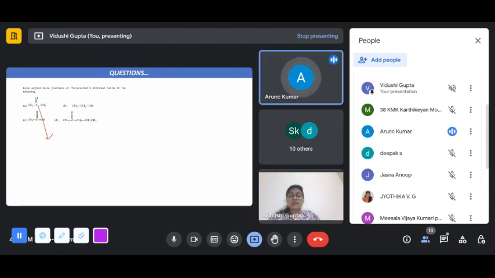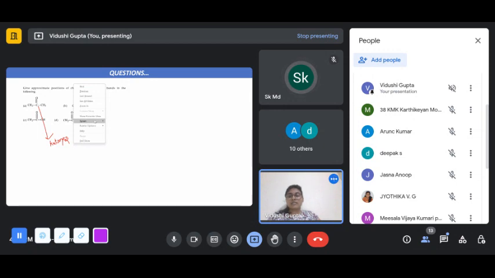Carbonyl, it's 3000? No, in IR carbonyl stretching is generally approximately near 1700. Yes, 1690, but it depends on whether it is a ketone, aldehyde or ester, so it will vary.